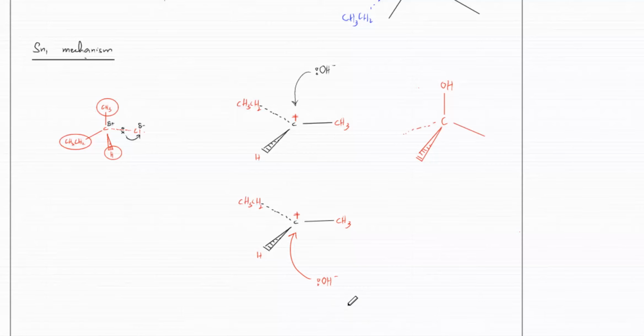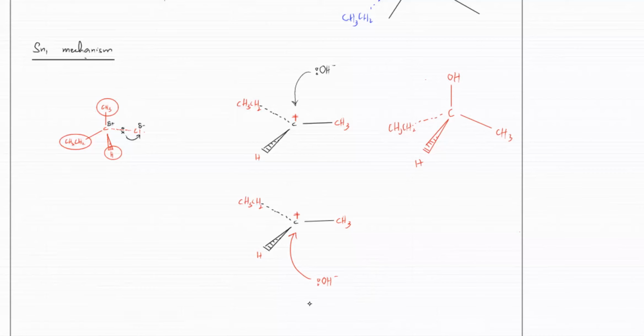So that's your CH3, CH2, this is your H, and this is your CH3. So that is one optical isomer that's going to form.